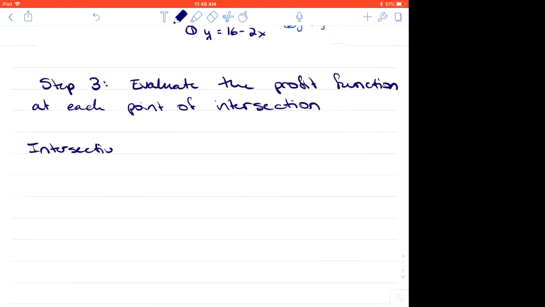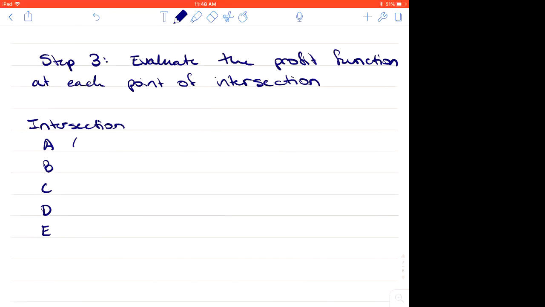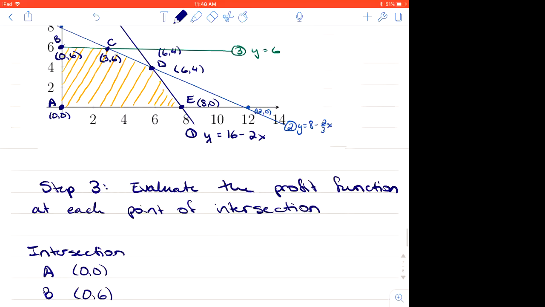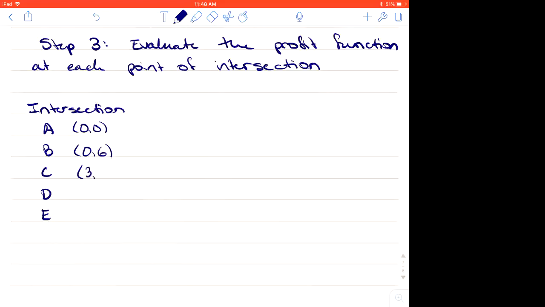I've got the intersections A, B, C, D, and E. Writing them out, I've got 0, 0, 0, 6. I just set it 3, 6. D was 6, 4, and E was 8, 0, right?